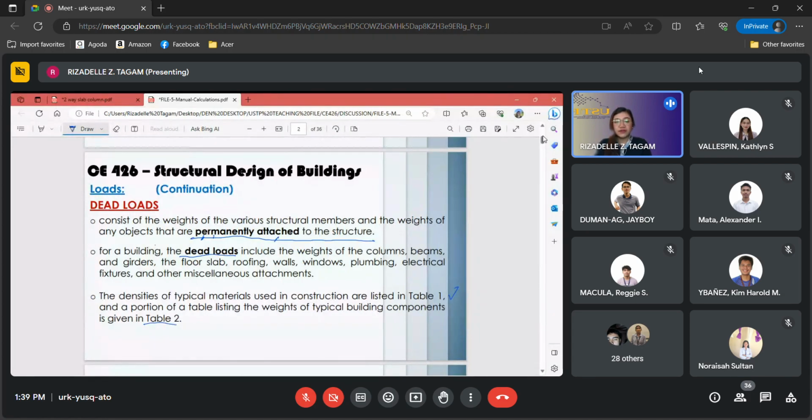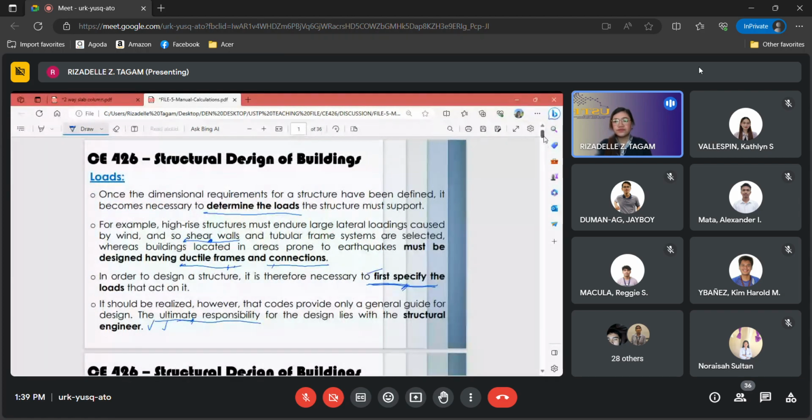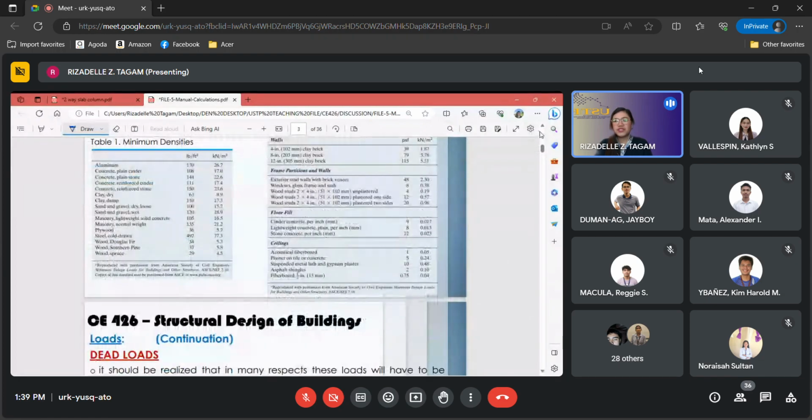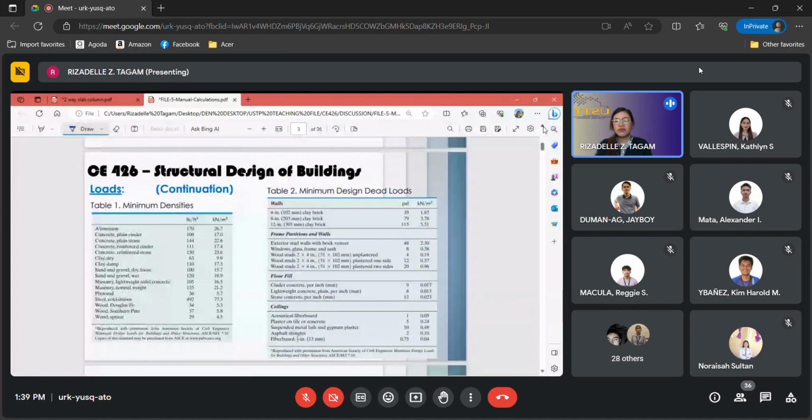Naa tay given nga mga loads based sa atong codes. So example ani is this one. Naka-present na ko ani sa inyo, the table which is naa sa atong NSCP. Kato nag-discuss ta og dead load, live load way before sa atong mga first topic. Naghatag na ko sa inyo og table for the specifications of design loadings. Mao na atong basihan.